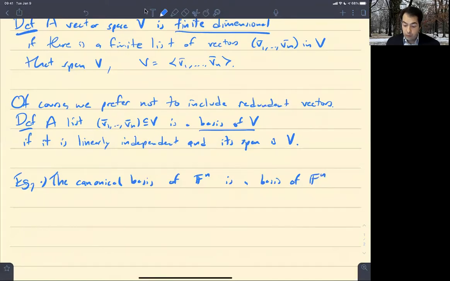Good thing, since we're calling it the canonical basis, right? And it's easy to see that it's a basis, right?